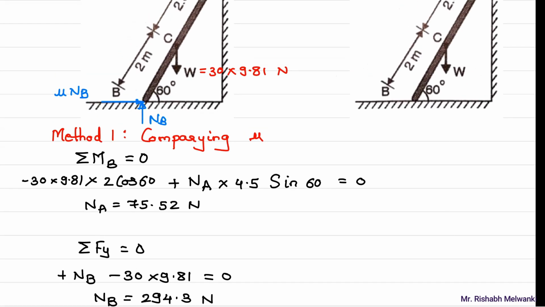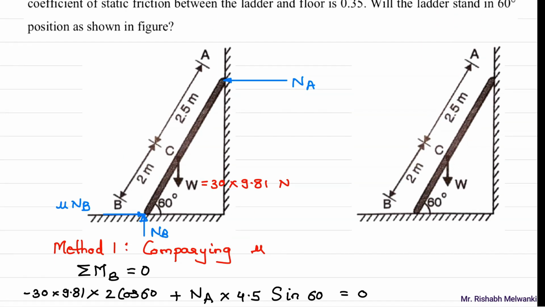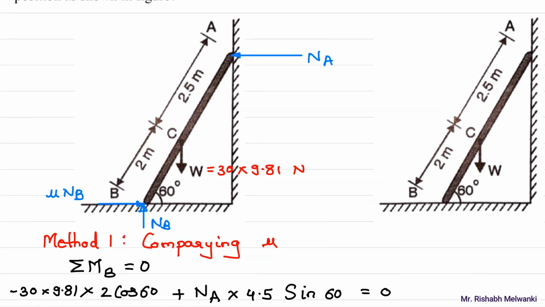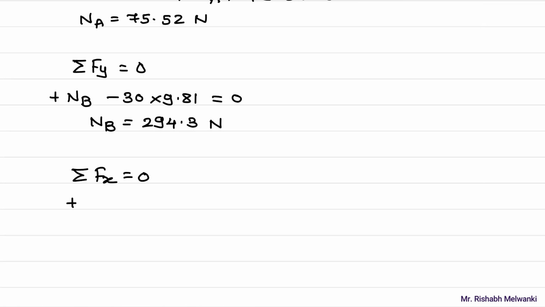Now I will use the third condition of equilibrium, summation of all the forces in x direction equal to 0. Towards right I will take positive, towards left I will take negative. So mu into Nb is towards right, so plus mu into Nb, which is 294.3.